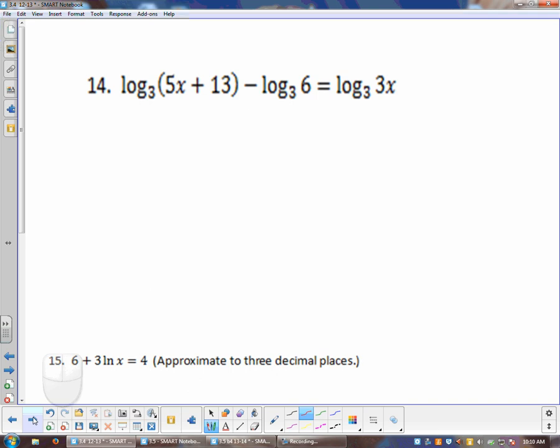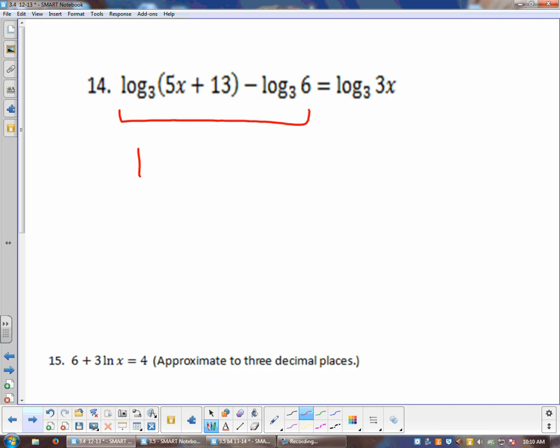So stop what you're doing on number 11 or whatever you're working on. Let's take a look at number 14 together. If we're trying to solve this, can we use one of the properties that we learned last class to help us rewrite the left side of this equation? Can I rewrite this with the quotient rule?